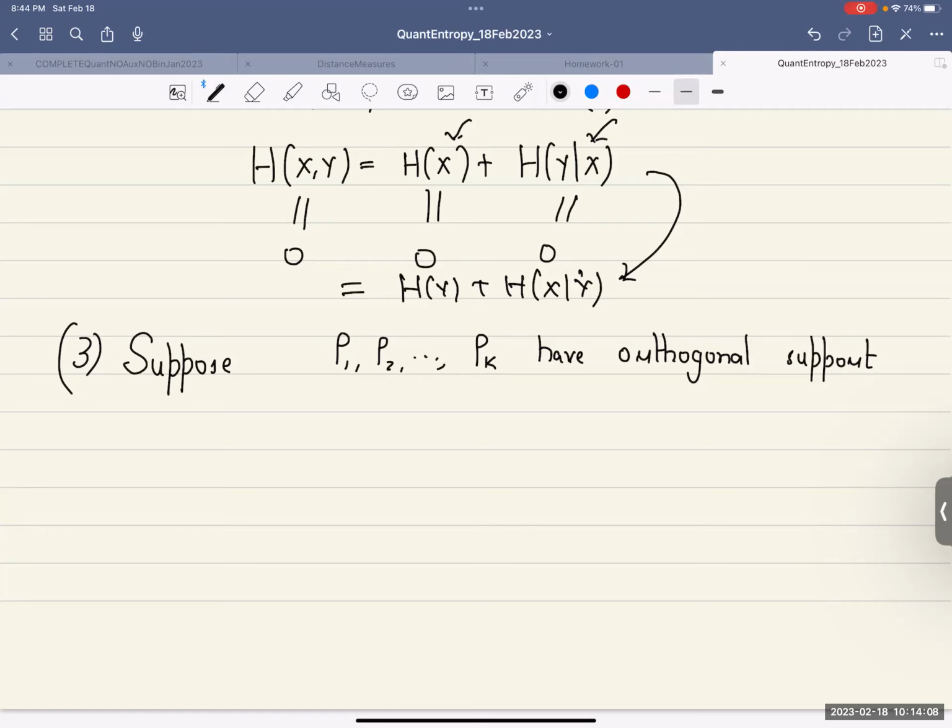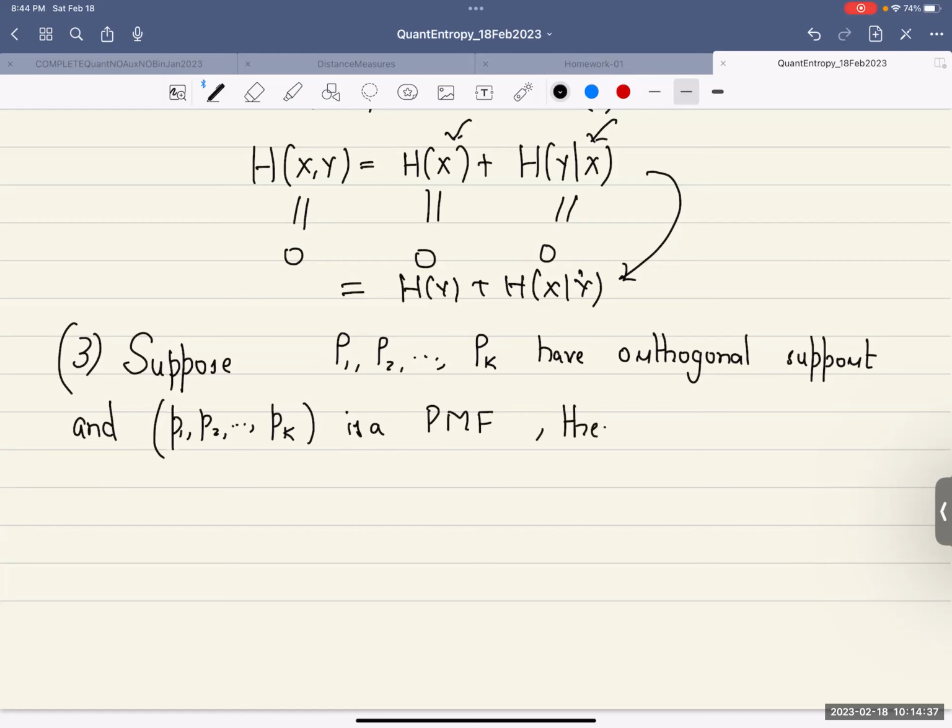And P1, P2 to Pk are non-negative, summing to 1. I should just say P is a distribution, a PMF, probability mass function.